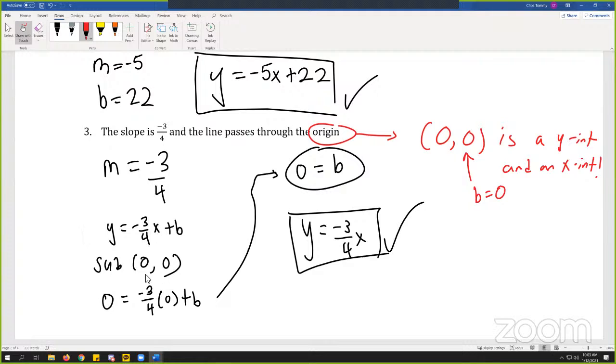I just showed you in case you didn't notice that the origin was (0, 0). You plug it in and you should get 0 equals b. So as a result, you should get this as your final equation. So that's what we always have to remember.